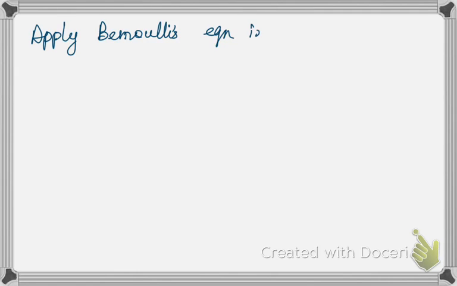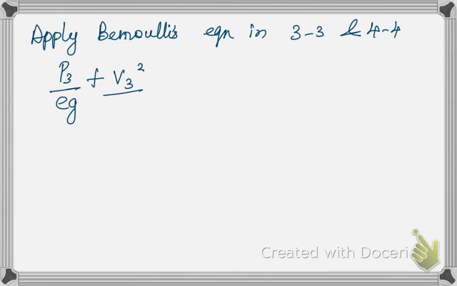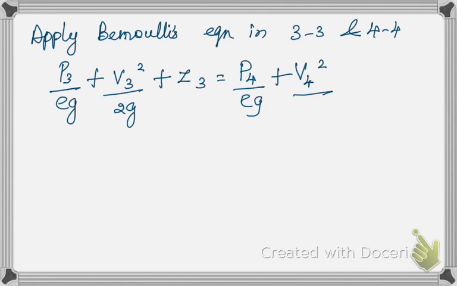So which is P3 by rho g plus V3 squared by 2g plus Z3 will be equal to P4 by rho g plus V4 squared by 2g plus Z4 plus head loss due to enlargement. Okay.